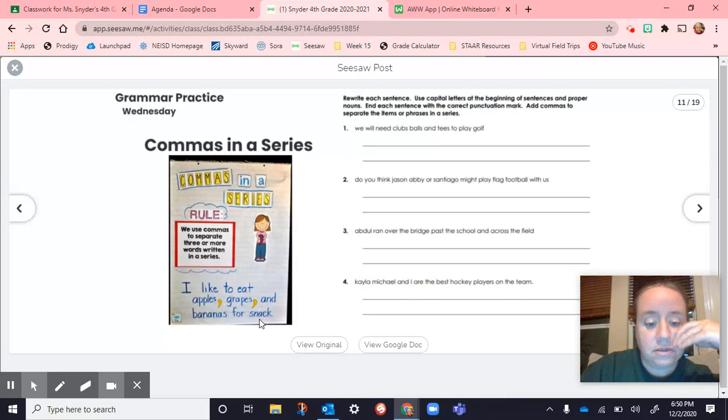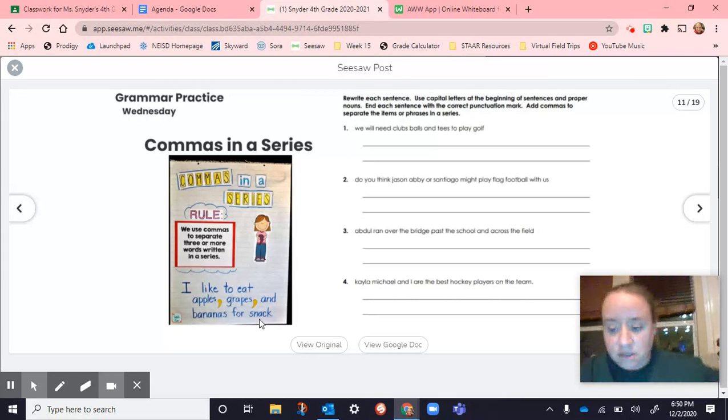The things that they're listing are apples, grapes, and bananas. So that's 3 items, so they need commas to separate them. If it was just 2, like if I just said "I like to eat apples and grapes," then I don't need the comma to separate those items. It's only if I have 3 or more things.